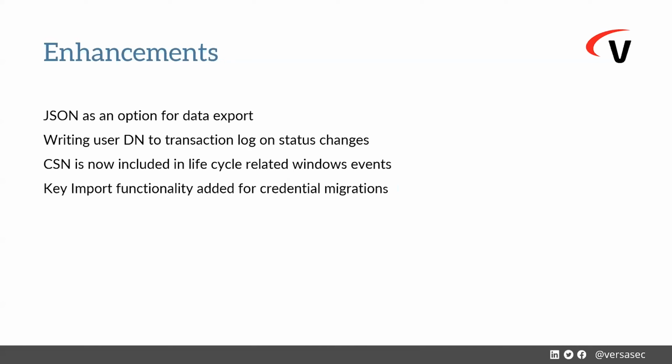The key import functionality for credential migration. This is in the context of when migrating from other CMS applications, we normally migrate the smart card admin keys that we would use to manage that device, that smart card, that token. We also have some capabilities around migrating the certificate data and information.